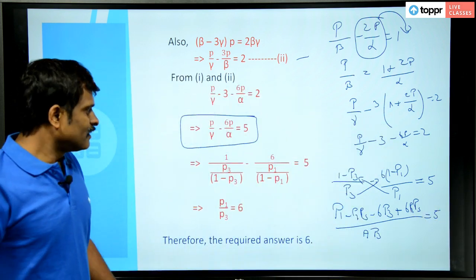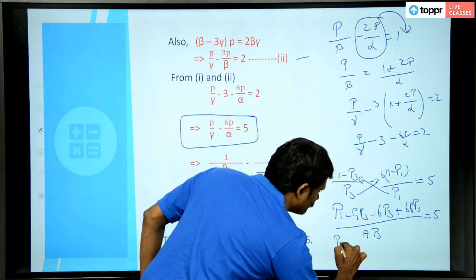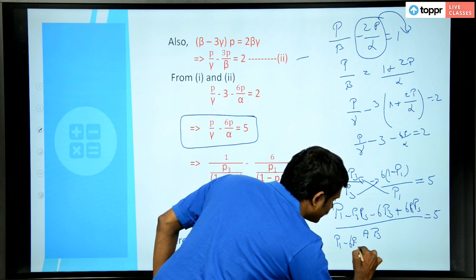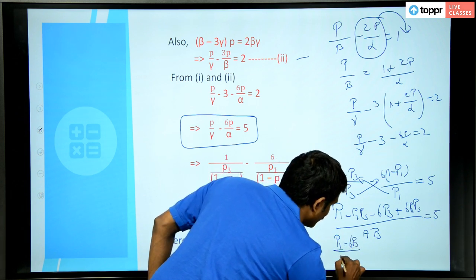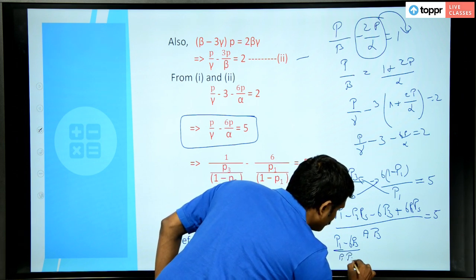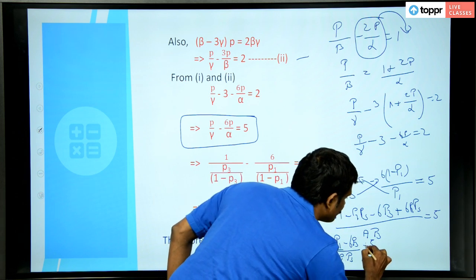Then here if you look at it carefully, you can write this as P1 minus 6 P3 by P1 P3 plus 5.